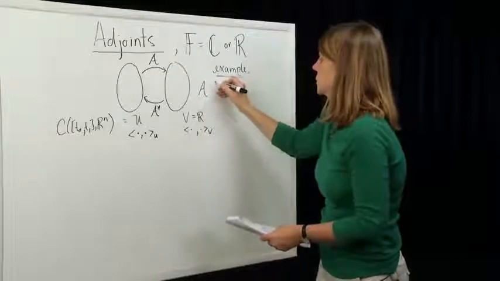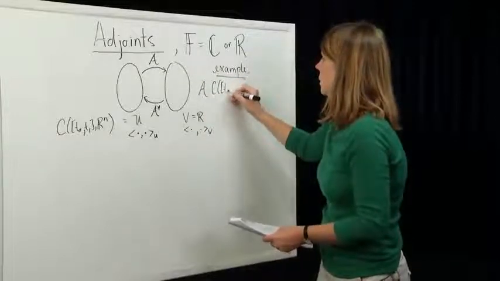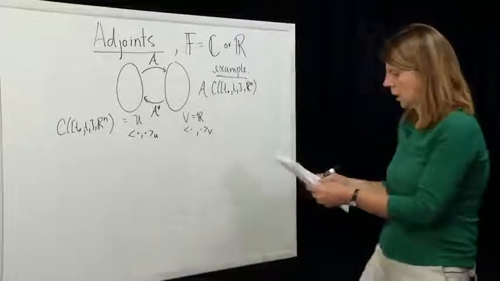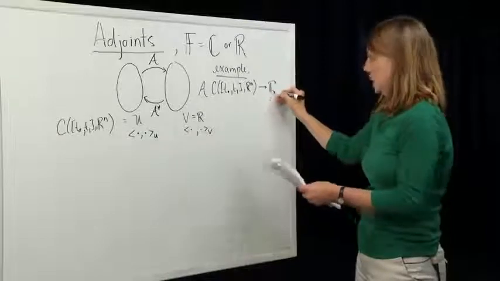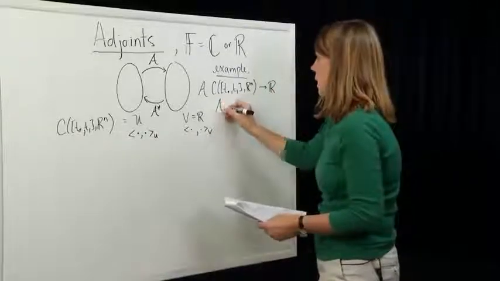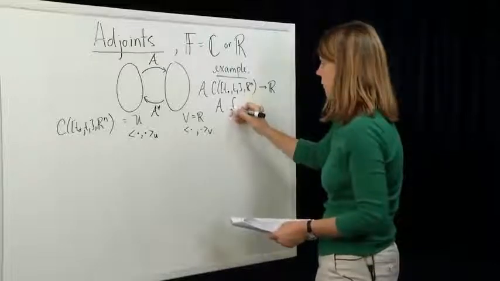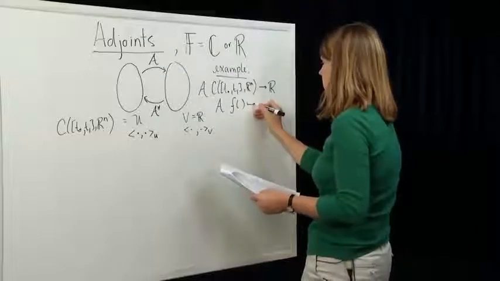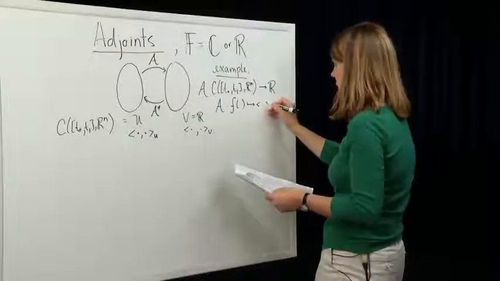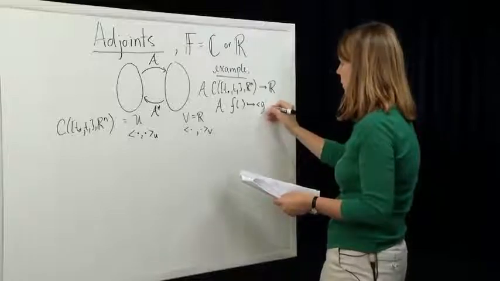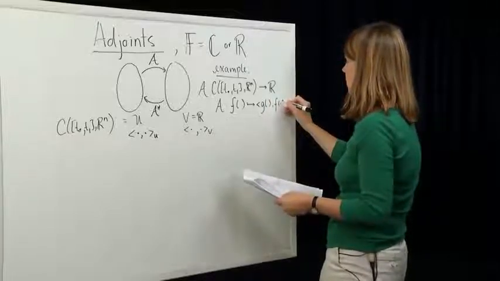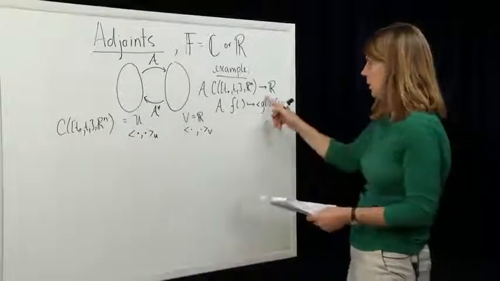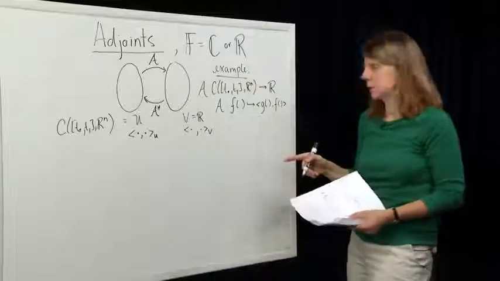A maps C, the space of continuous functions from t0 to t1 to Rn, to R. And it's defined as follows. A takes a function f, which belongs in that function space, and maps it to a real number, which is the inner product of that function f with a function g. Here g is a given function which belongs in the same space.